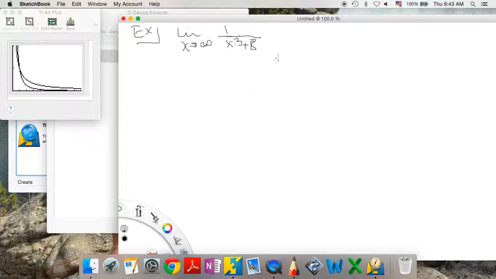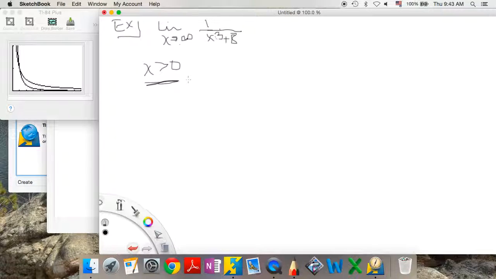Well, if you have x greater than 0, which you do because you're going out towards infinity, then you know that one thing is true. We know that x cubed plus 8 is bigger than x. Is that true? Of course it's true. If you're going to cube something and then add 8 to it, it's going to be bigger than that something to start with. Well, how does that help us?